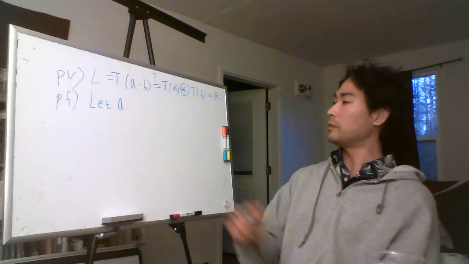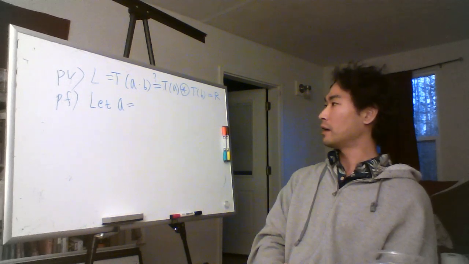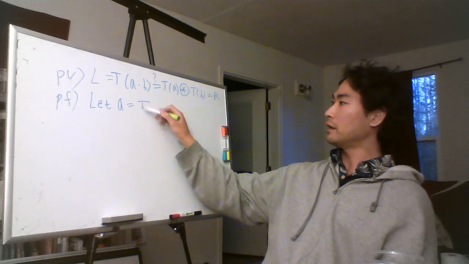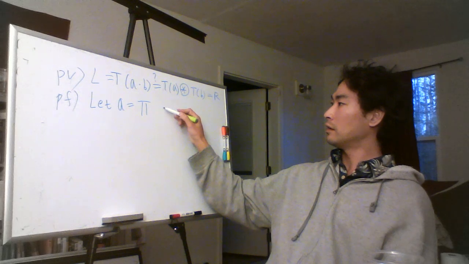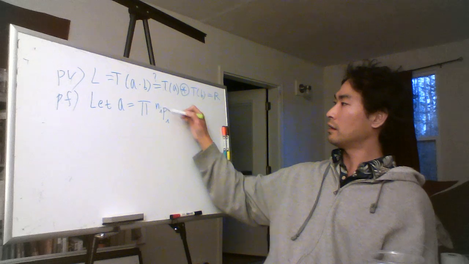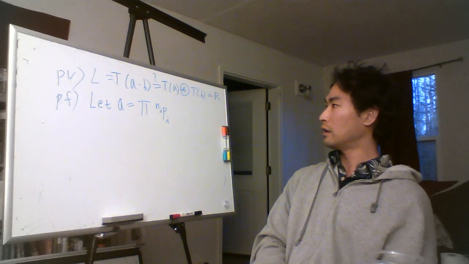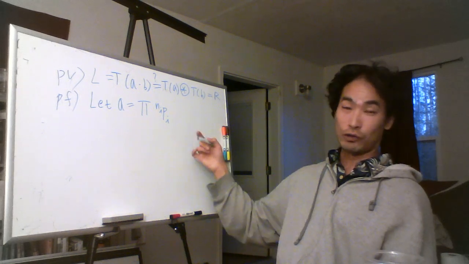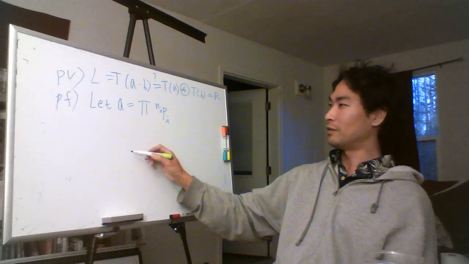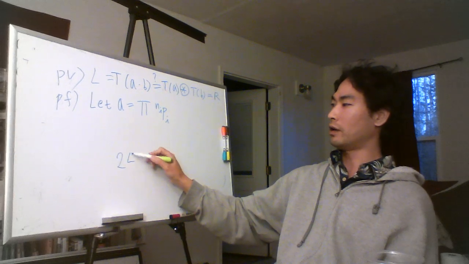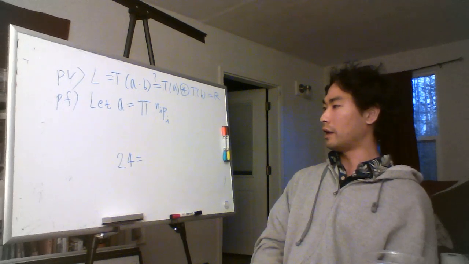Let a be equal to the product of p_i to the n_i. What do I mean? For example, 24. 24 is 8 times 3, right?